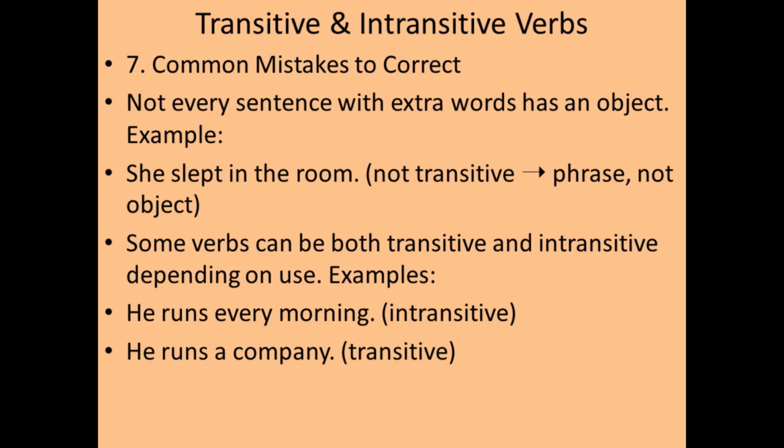And also the meaning is different from the second one. The meaning of run here means moving. Now, he runs a company. Have you got here a company? A company is an object of the sentence. But what is the meaning of runs here in the case of the second sentence?